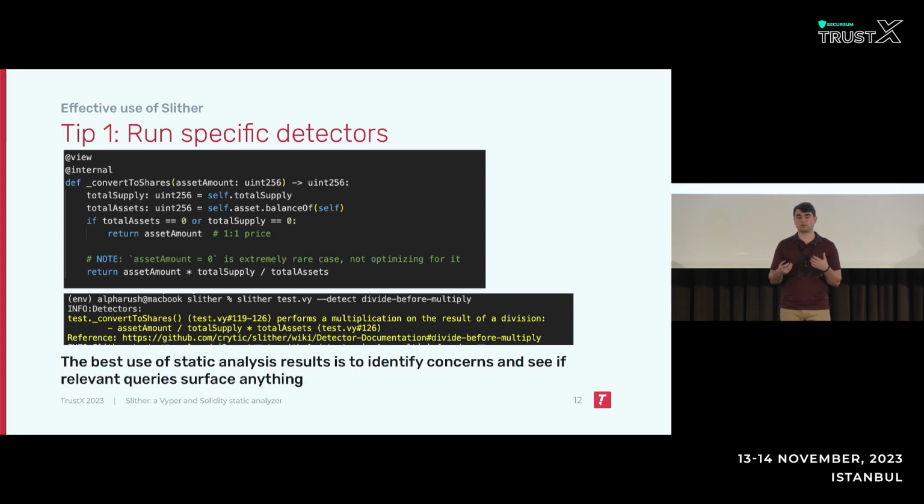And so the thing to learn from this is that the best way to use static analysis tools is to first understand potential concerns and then see whether or not the tool has surfaced anything related to those concerns, and then you can go from there and prioritize them that way.